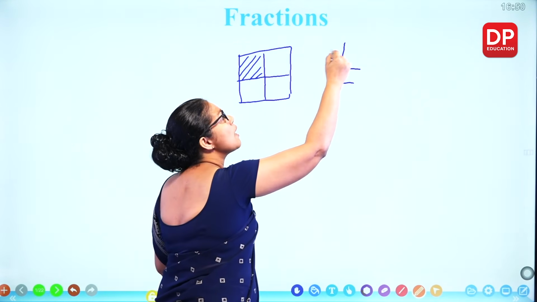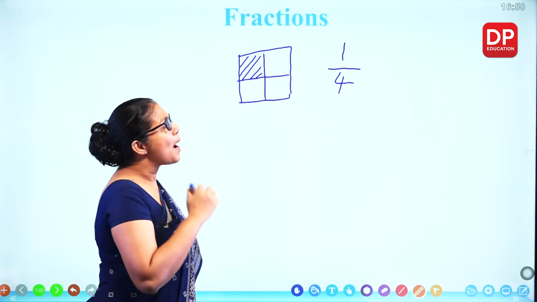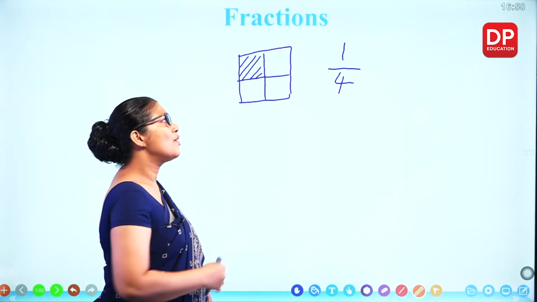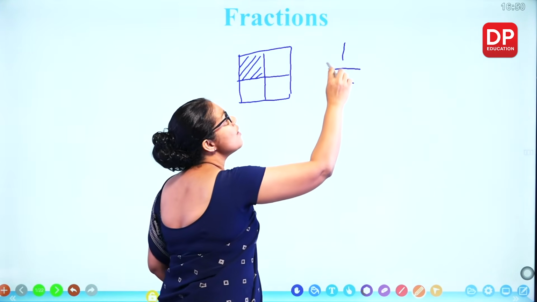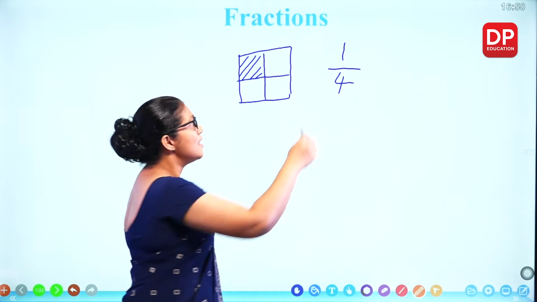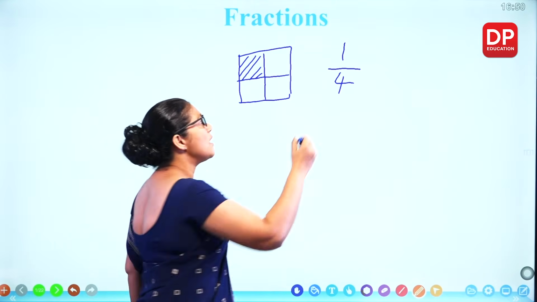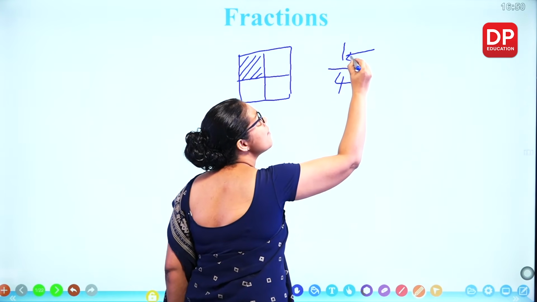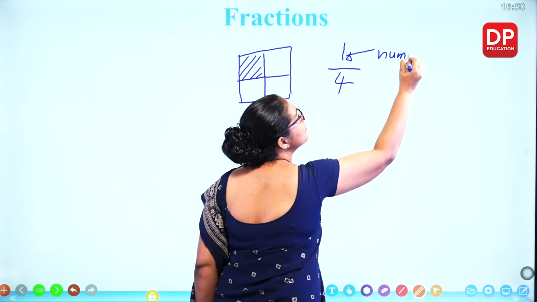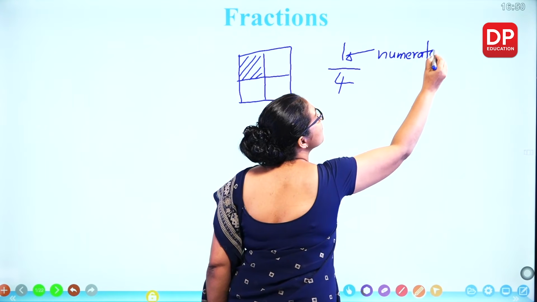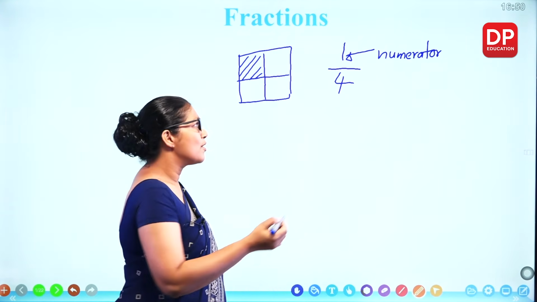So here, what is the number above the line and below the line? You need to learn the correct terms. The number above the line, we call the numerator. What is the number below the line?